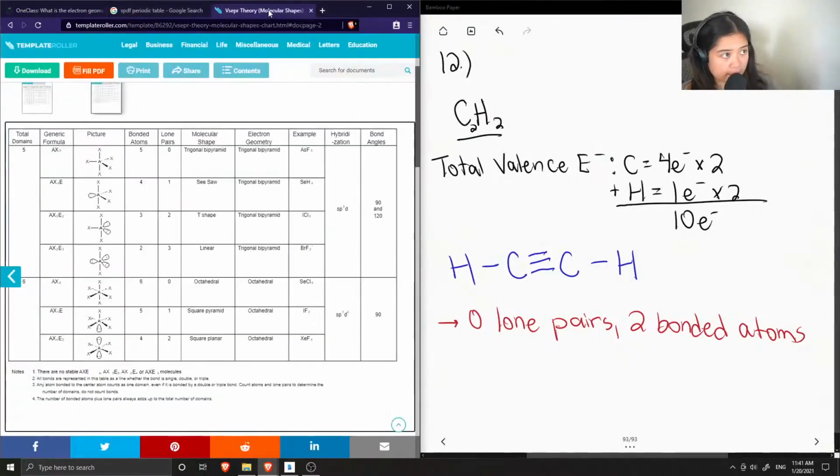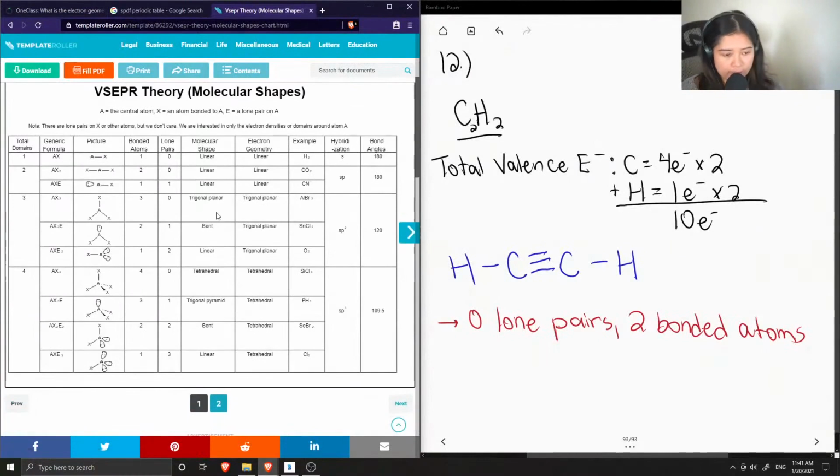If we look at the VSEPR chart, we can see that if we have 0 lone pairs and 2 bonded atoms, this means that we have a linear molecular shape.